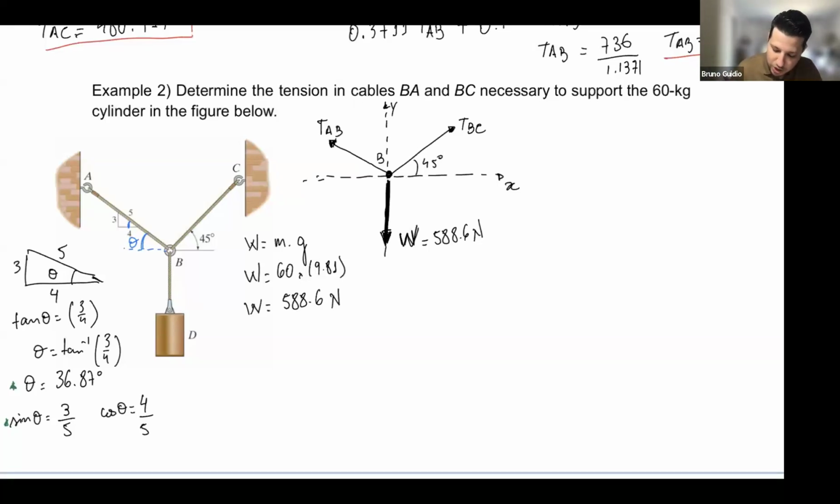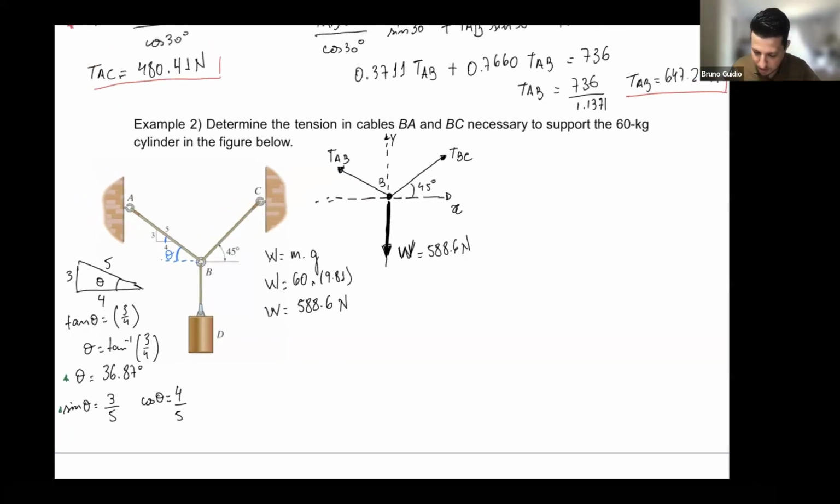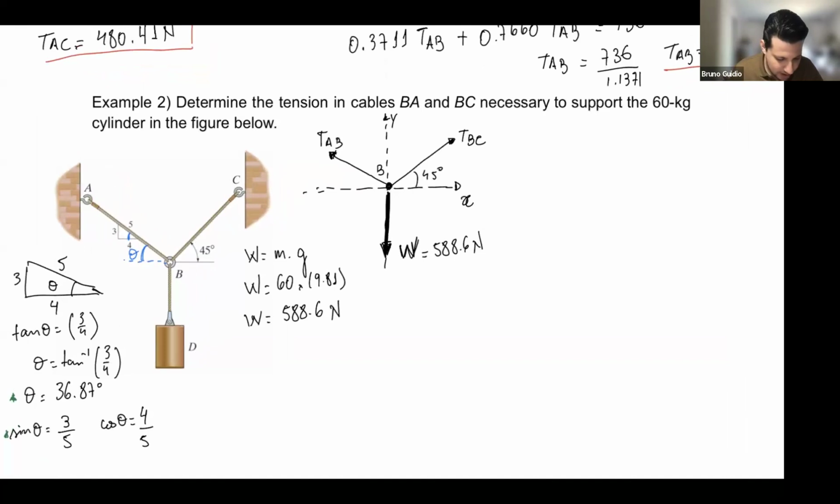Let's show. Actually, can I reduce this a little bit? So, yeah, let me try to write it right here. TAB. We have this angle theta that we already found, 36.87. Once again, let's start.